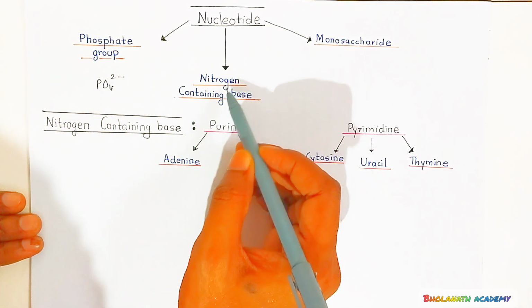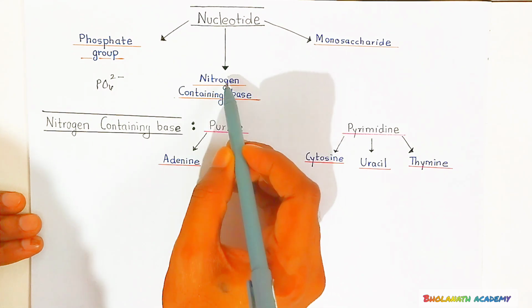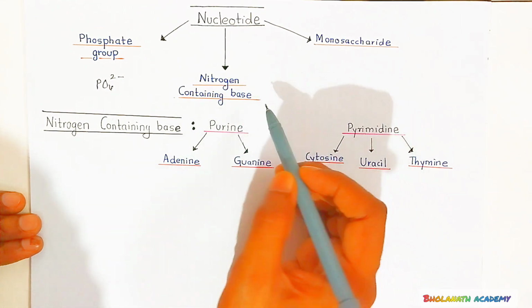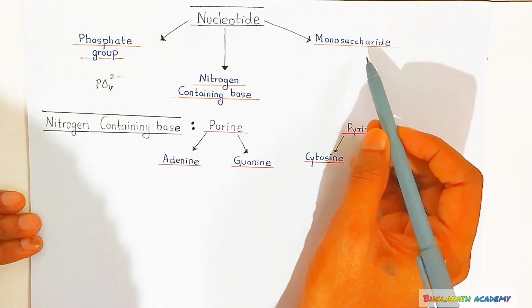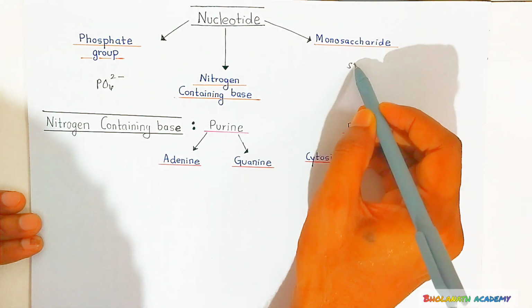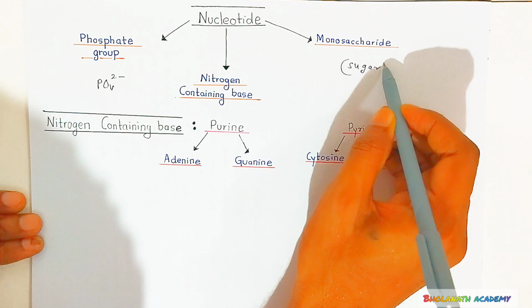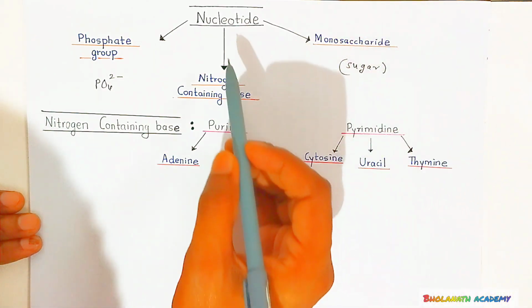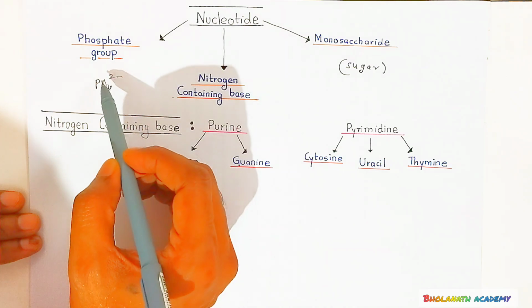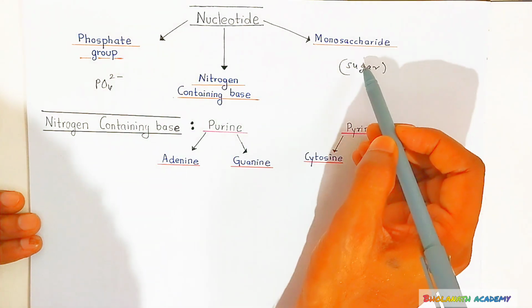Nitrogenous bases, that is nitrogen containing bases. And nucleotide is also made up of monosaccharide, that is sugar. We have disaccharide, trisaccharide, but only the monosaccharide is there. So nucleotide is made up of phosphate, nitrogenous bases and monosaccharide.